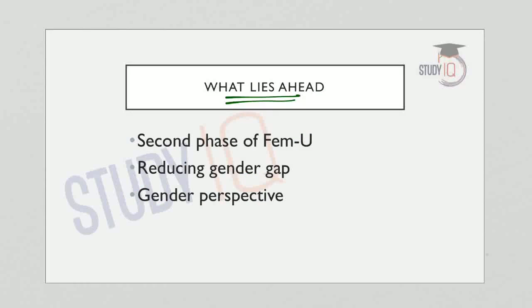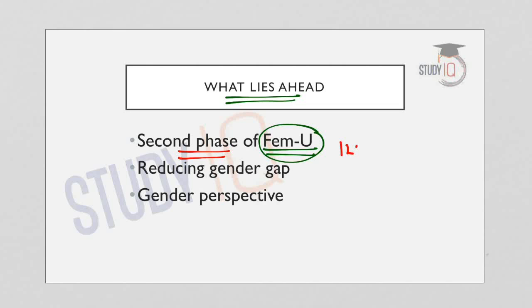Now let us understand what lies ahead for India. We have discussed the concept of Fem-U. According to Fem-U, in the early stages of development there will be a decline in the female labor force participation rate, but in the later stages there will be an improvement or increase in it. So India is likely to benefit from moving up in the second phase of Fem-U.